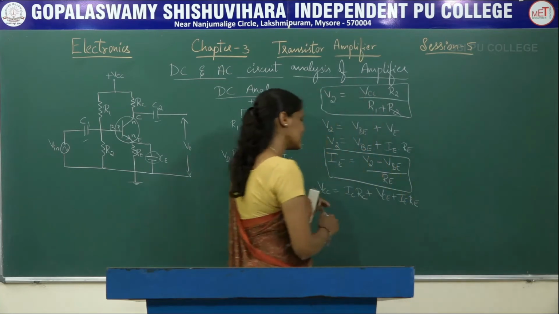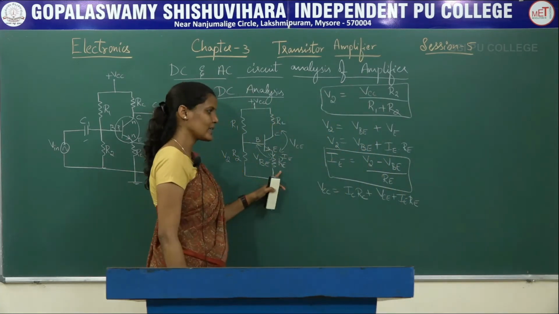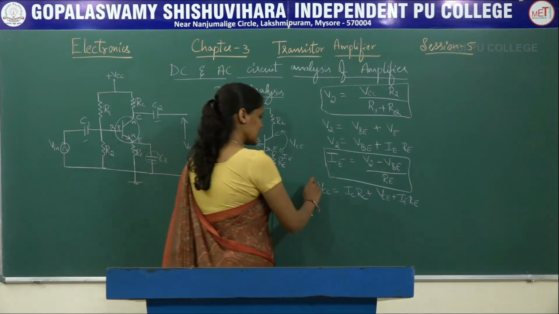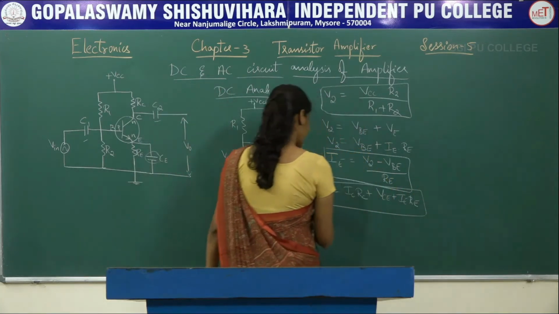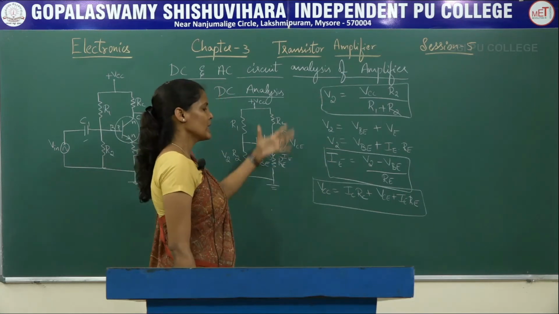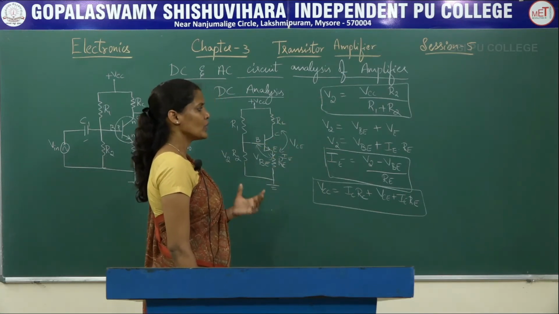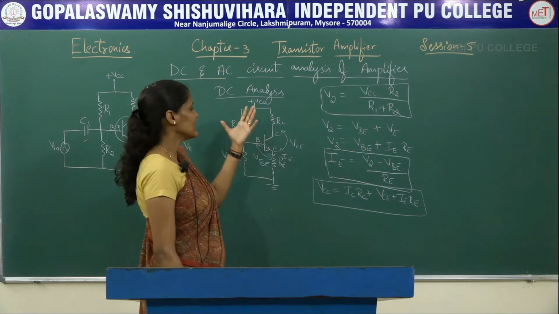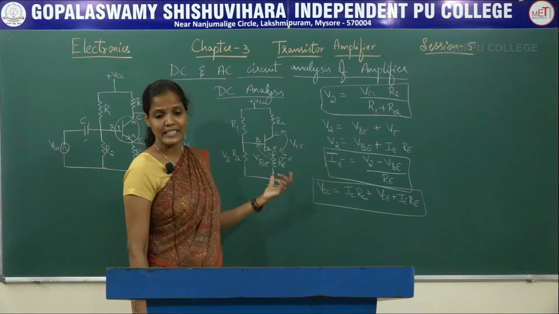IE into RE is nothing but the voltage drop across this particular resistor. So this is another formula. By using these three equations, we can easily find out the DC voltages and the DC currents.